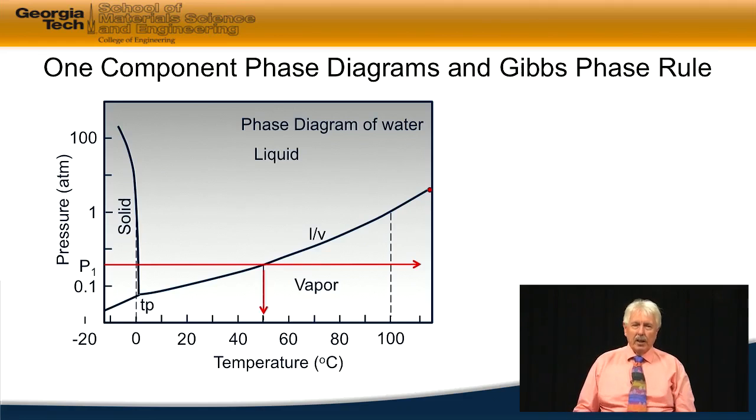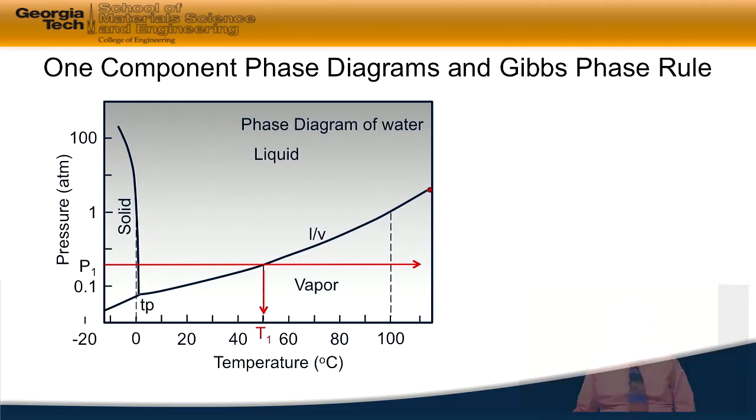Now, this diagram that we're describing talks about the 2 variables, pressure and temperature. There is, however, an additional plot that we can make where we describe the relationship between the pressure and the volume.